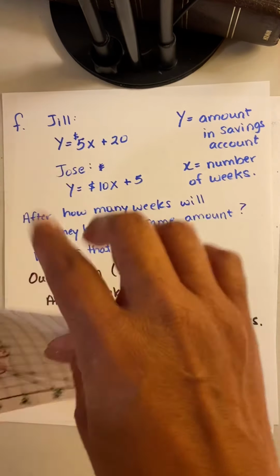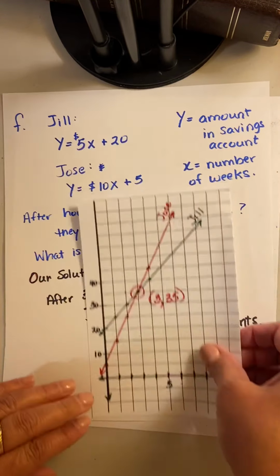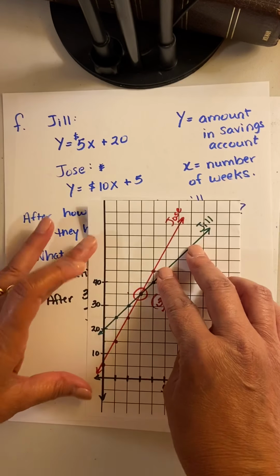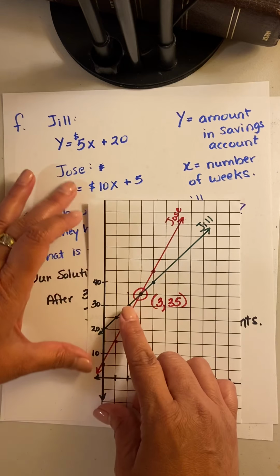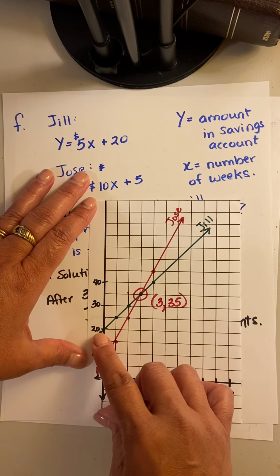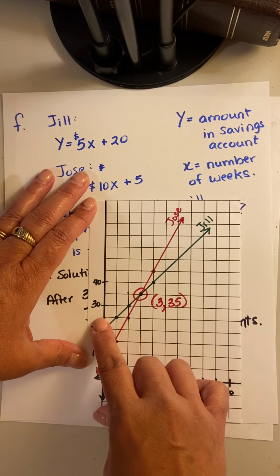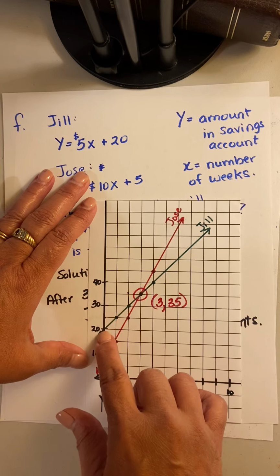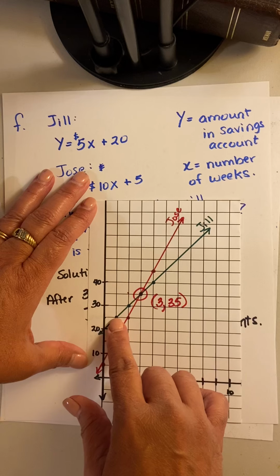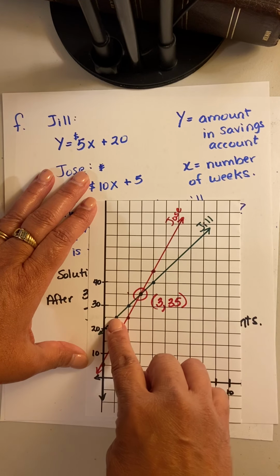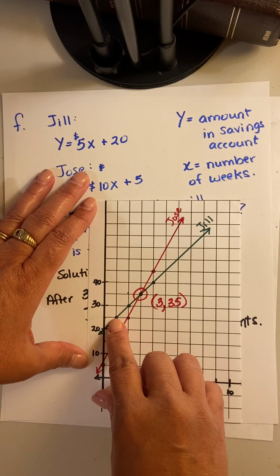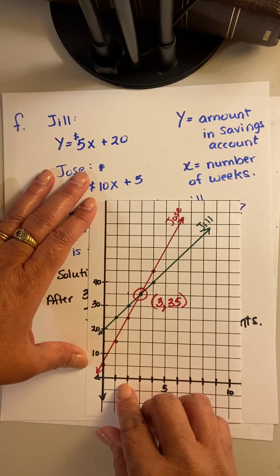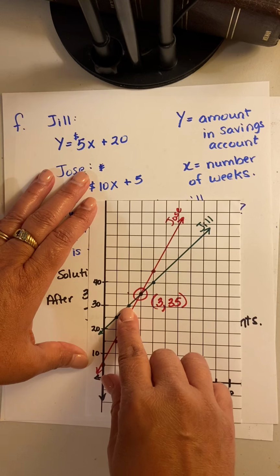I went ahead and did this by 5s along my Y. When I graphed it, Jill starts at $20 and she goes up by 5: 5, 10, 15, 20, 25, 30. So in week number 1, she has $25. And the next week she goes up by another 5, and in week number 2, she ends up with $30.